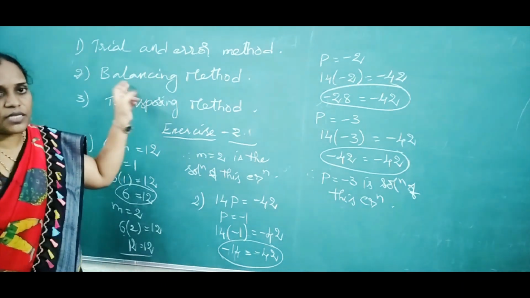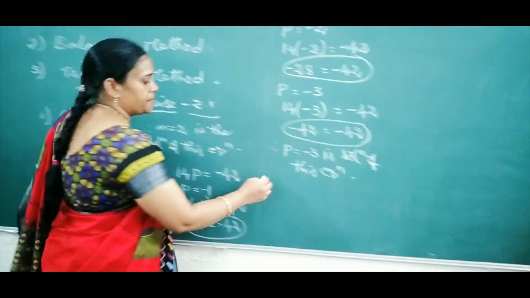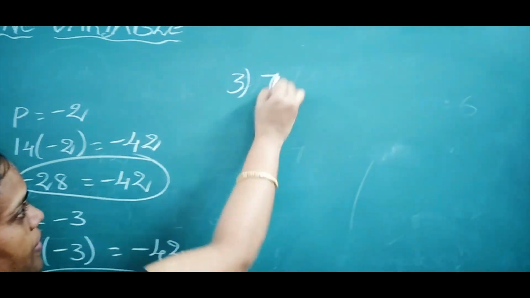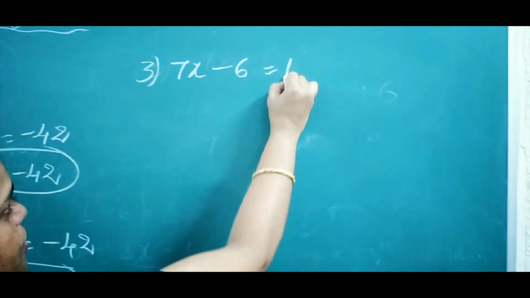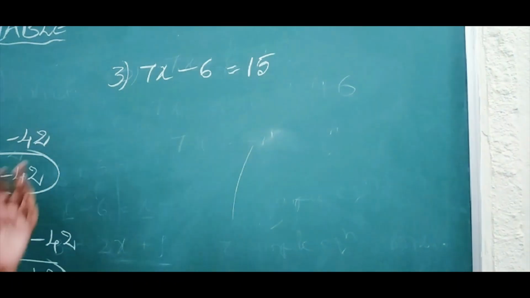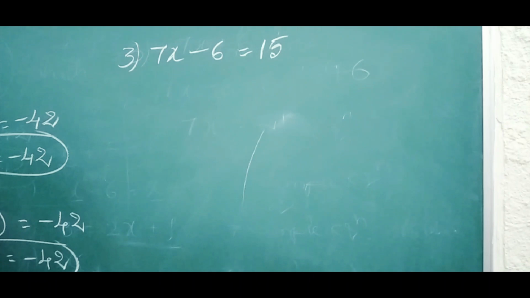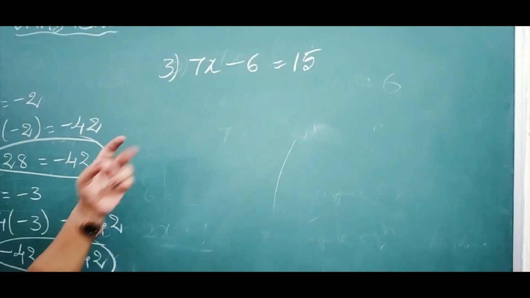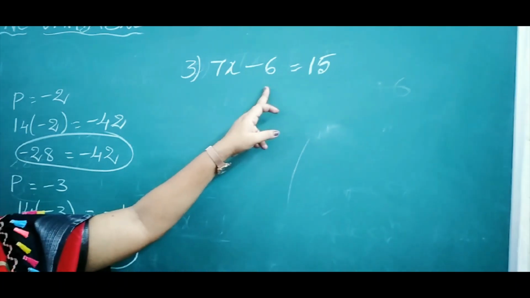The second method is the balancing method. Take an example: 7x minus 6 is equal to 15. In the balancing method, we have to take LHS and RHS and balance both with the same value. That is, you have to cancel this constant.